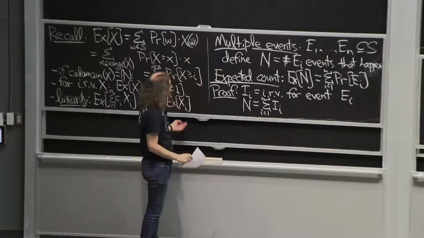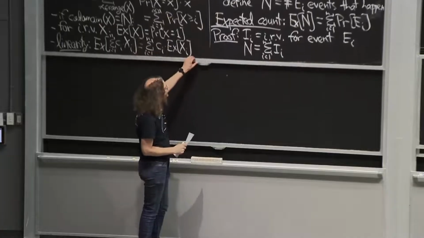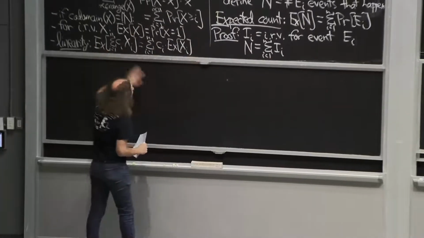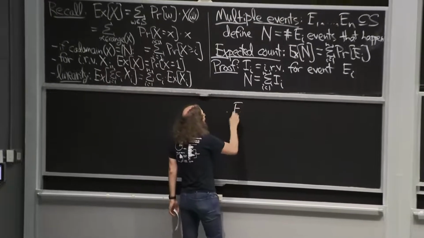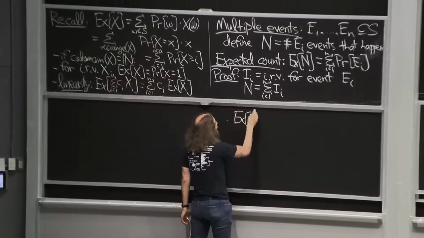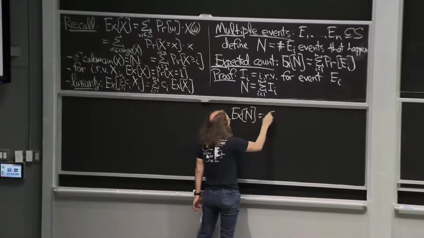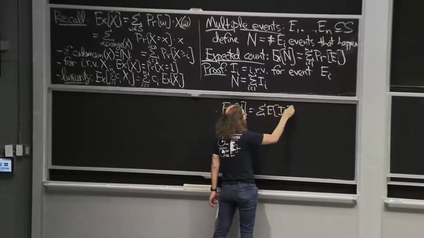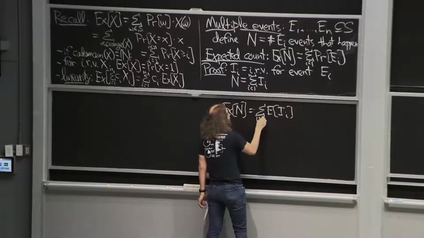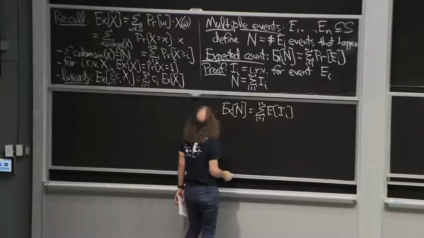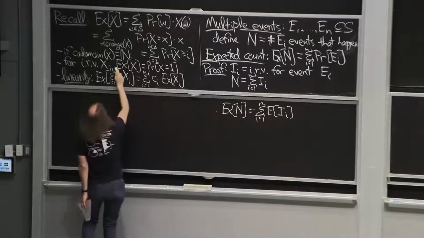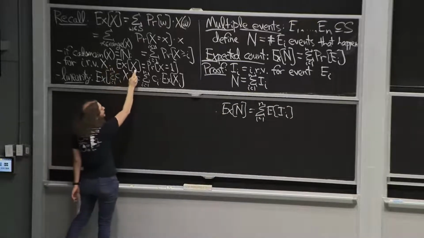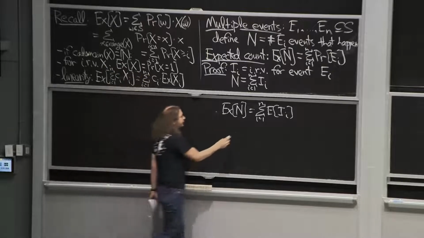Then we can compute the expectation using all these fun things. So we've got the expected value of N is, by linearity, the sum of the expected values of the I sub i's. And because the I sub i's are indicator random variables, their expectation is exactly the probability that they're equal to 1.